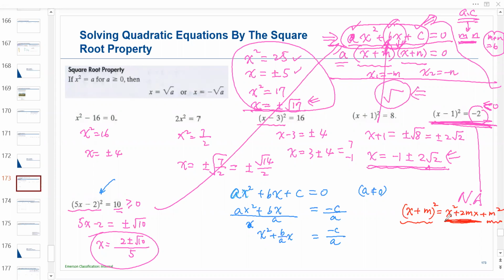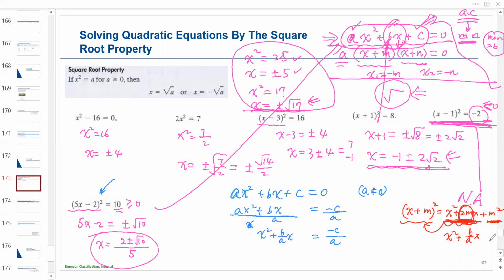Where does the third term come from? It comes from this coefficient: divide by 2 and square it, right?